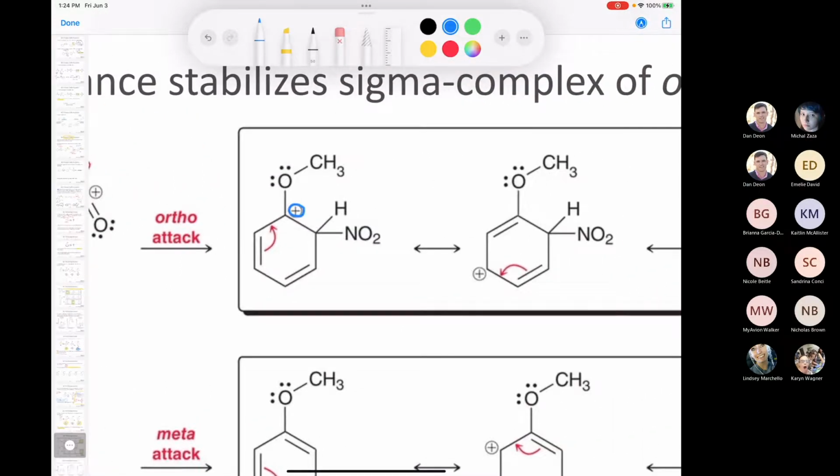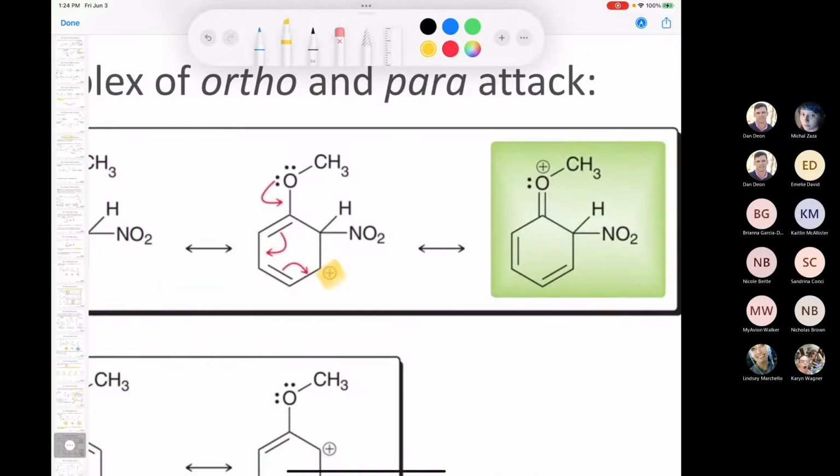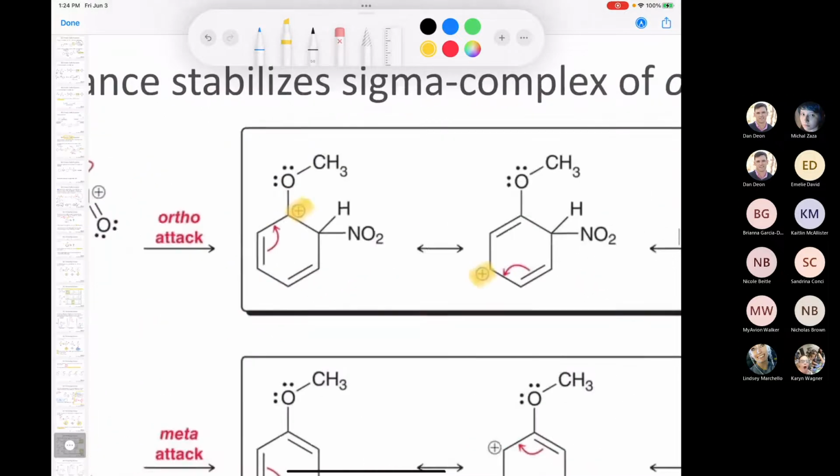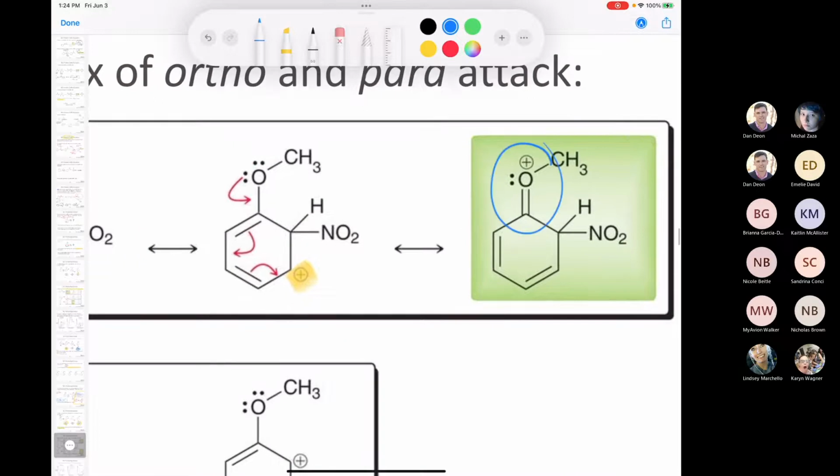We have the positive charge here, so maybe I'll use my highlighter. Skips a carbon, then it's down here, then it's up here. But look, if you look at this resonance contributor right here, instead of drawing this arrow, they could have just as well done this, right? They could have poured the electron density into that empty p orbital to make a new pi bond and end up with this resonance contributor right here.